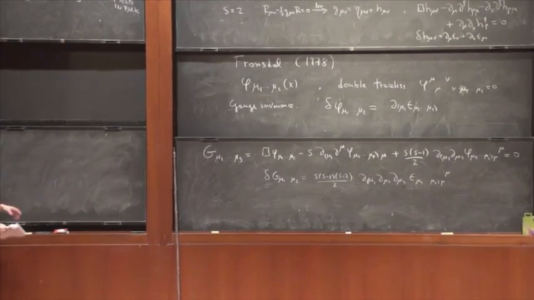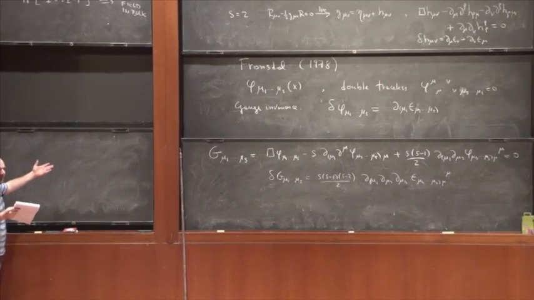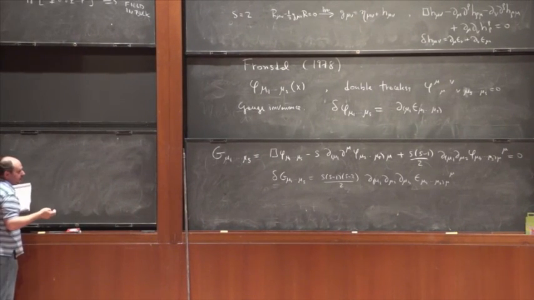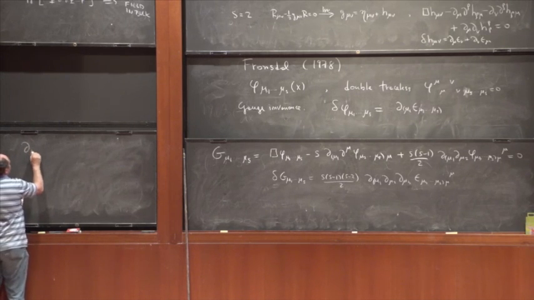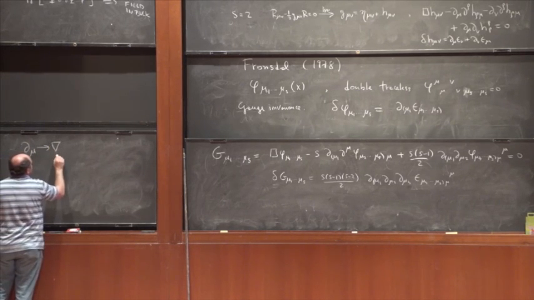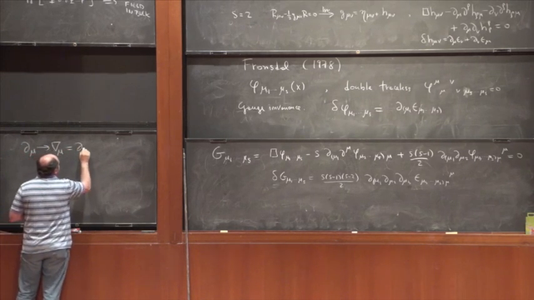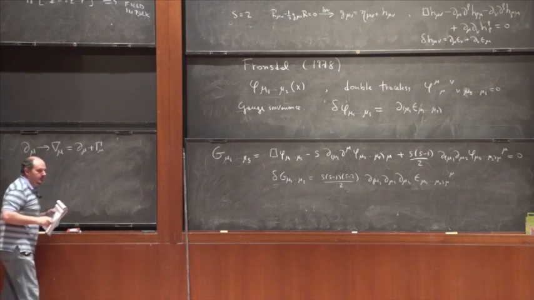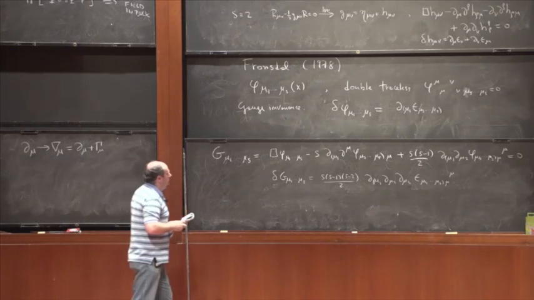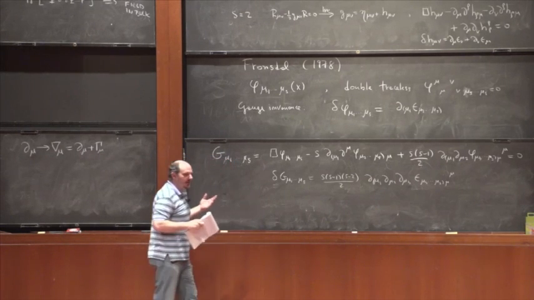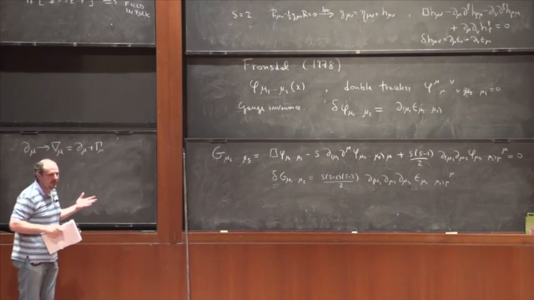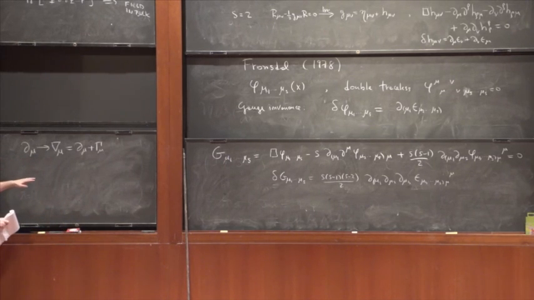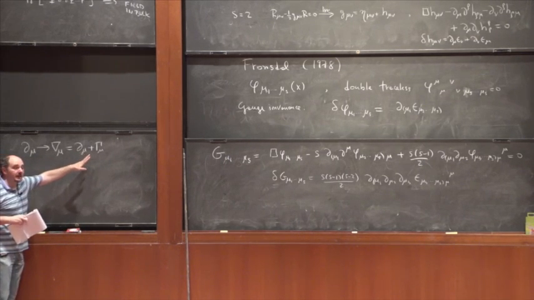Okay, so what you would do to covariantize, of course, following the usual rules, is replace derivatives by covariant derivatives, schematically. But if you do that, you'll soon discover that these equations are not gauge invariant anymore. There is no way to make them gauge invariant for an arbitrary metric.